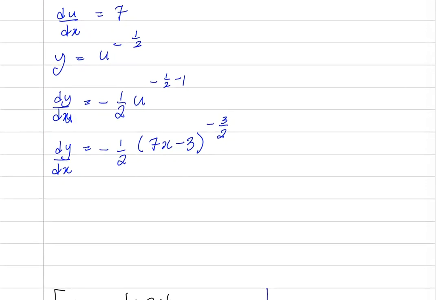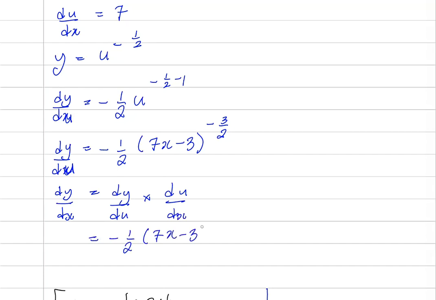Now, dy by dx would be equal to dy by du multiplied by du by dx. So dy by du is minus a half times 7x minus 3 raised to the minus 3 over 2 power, times du by dx, which is 7.